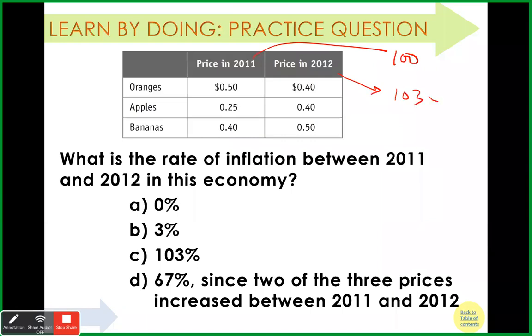Then what's the inflation rate? It's 3%, right? Very good. Essentially it's 103 minus 100, divided by 100, times 100.